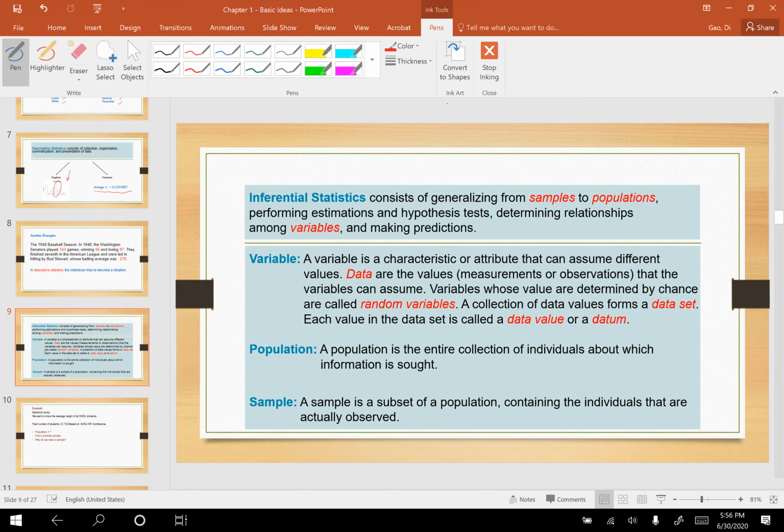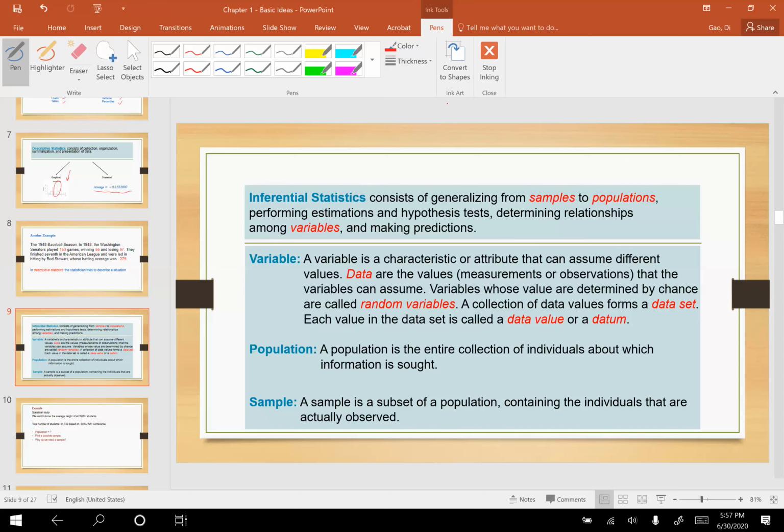Now let's look at population. A population is the entire collection of individuals about which information is sought. So we have something of interest, and then we want to collect everything from the pool. That is the population. For example, we can treat every student at SHSU as a population. A sample is just a subset of the population.